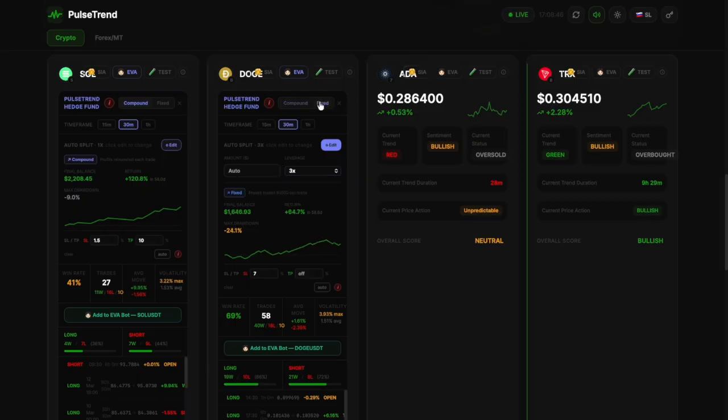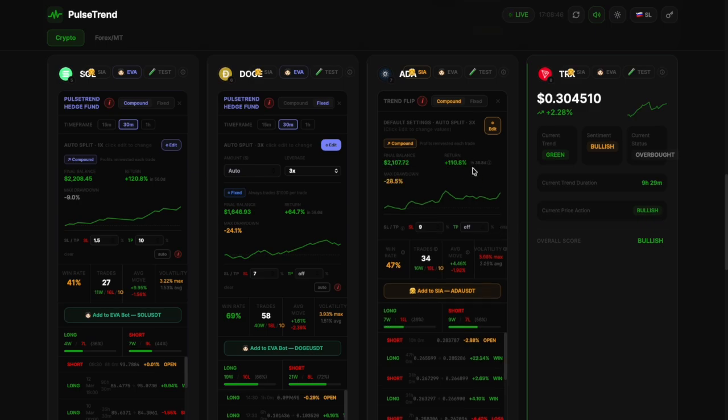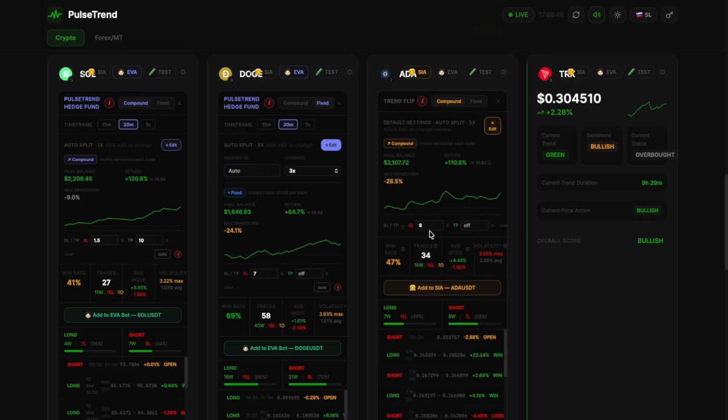And of course, you also have the option either to compound or just use the same amount. So if you just want to trade with $100 or always with the same amount, that's also possible. And SIA is SIA. Usually the take profit is always off with SIA.